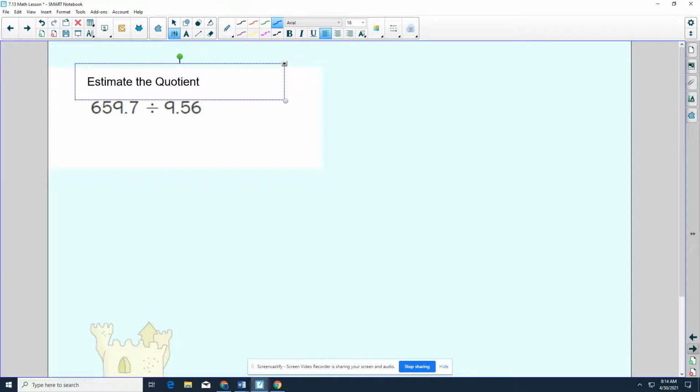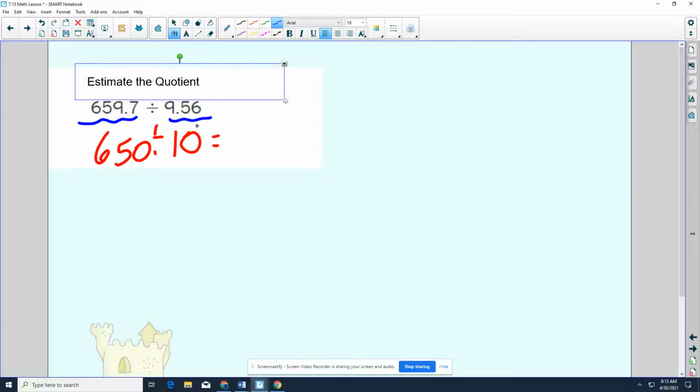So let's look at this one here. So I have 659 and 7/10, and let's see, this is really close to 10, so I know I could do 10 there. And here I could just say 650 because it's pretty close. Or you could even say 660. Either one of those would work.